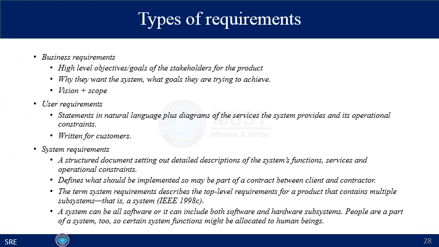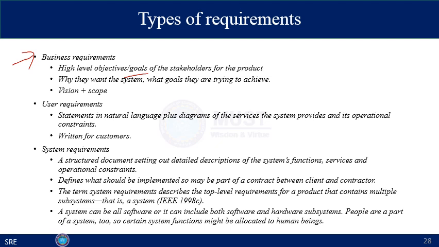Requirements also have different types, and the fundamental types are the business requirements, and these represent high-level objectives, that is, what business you want to achieve from the software product.